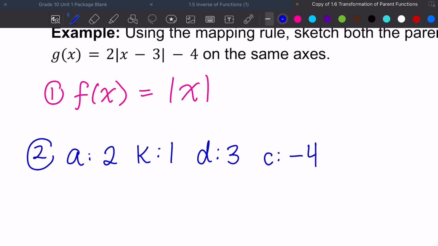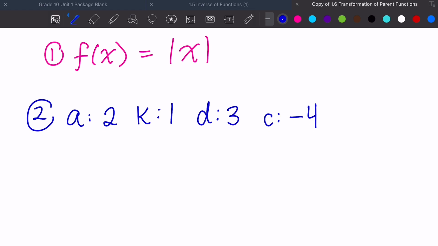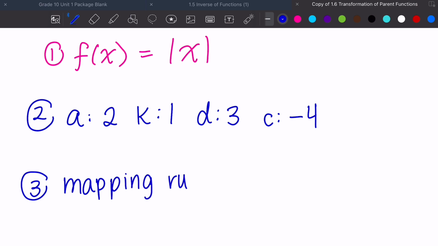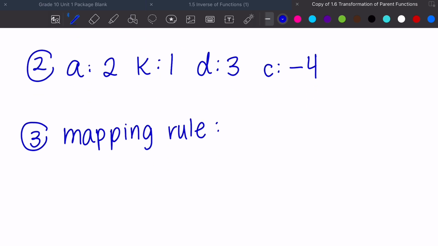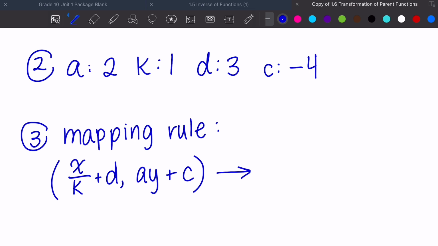Awesome, negative 4. Perfect. I'm now gonna put these into the mapping rule. So here's my mapping rule, which I'll do in the general notation just for you to see it again and get familiar. So it's x over k plus d, a y plus c, which then if I go ahead and put my points in, what's my mapping rule gonna look like? You can just say it. I've got x over what?